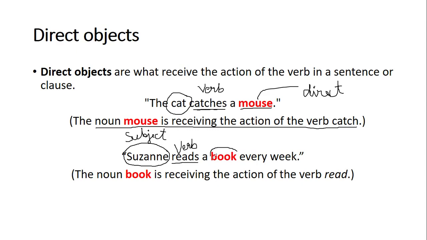So book is a noun because we saw what is a noun? Name, place, animal, thing. This is a thing. Book is a thing. So the noun book is receiving the action of the verb read. So this book is a direct object. So finding out direct objects, guys, is not that difficult.